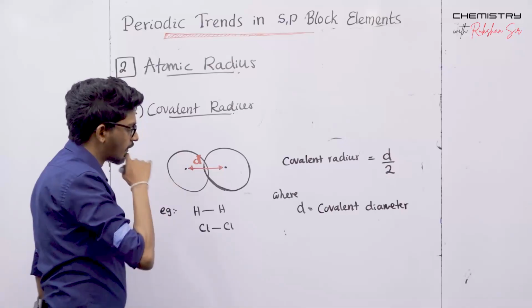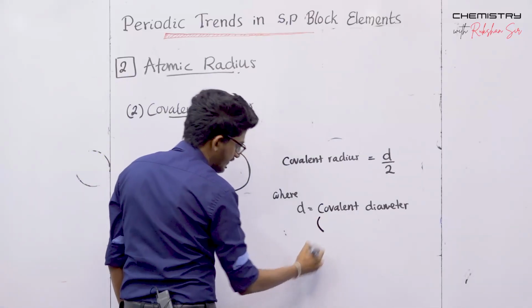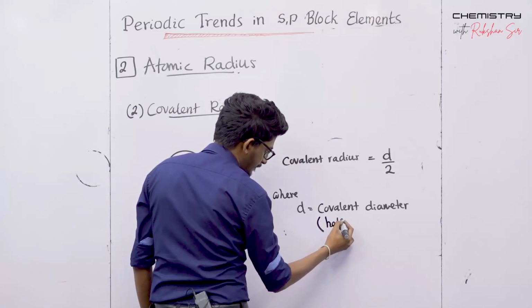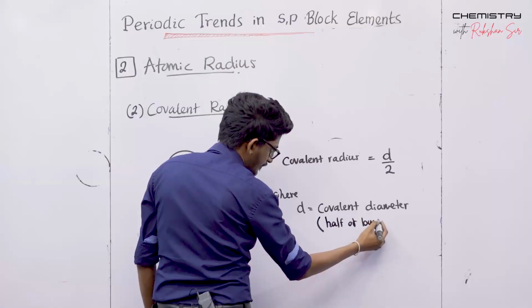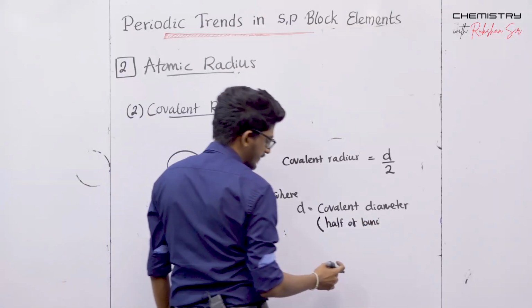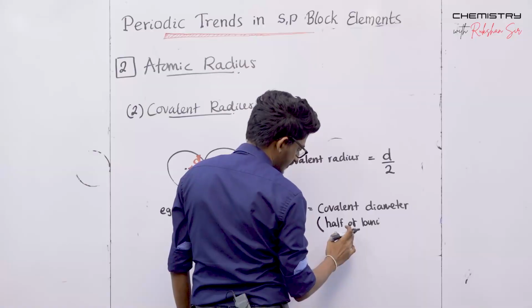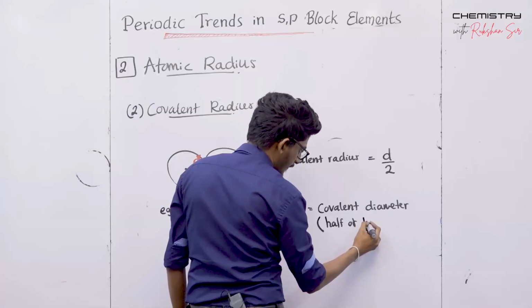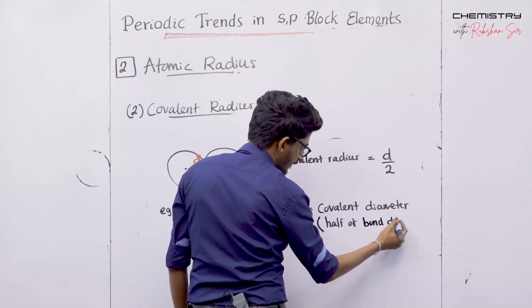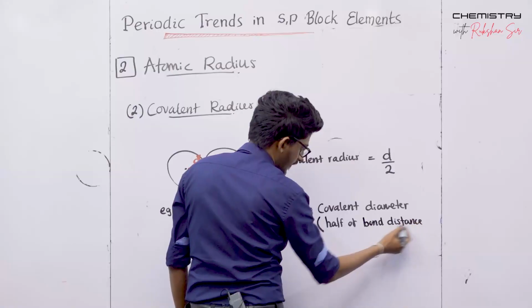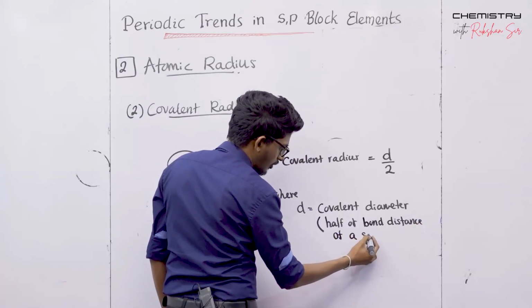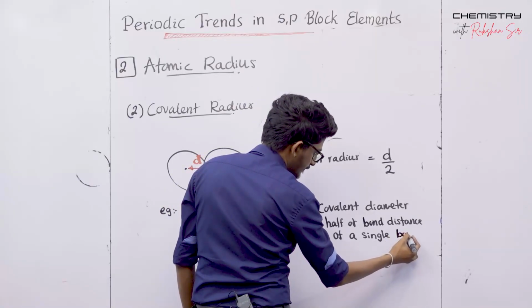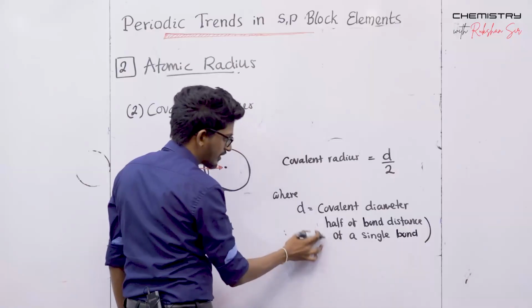Or one can write it is actually half of the bond distance of a single bond.